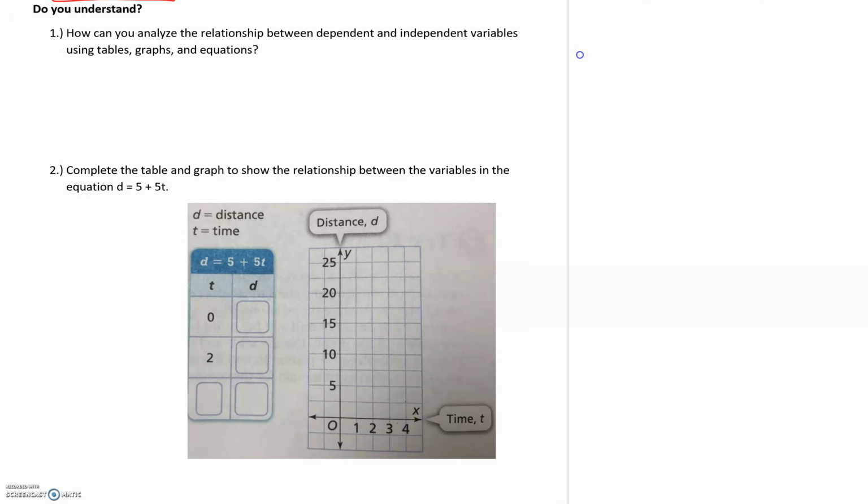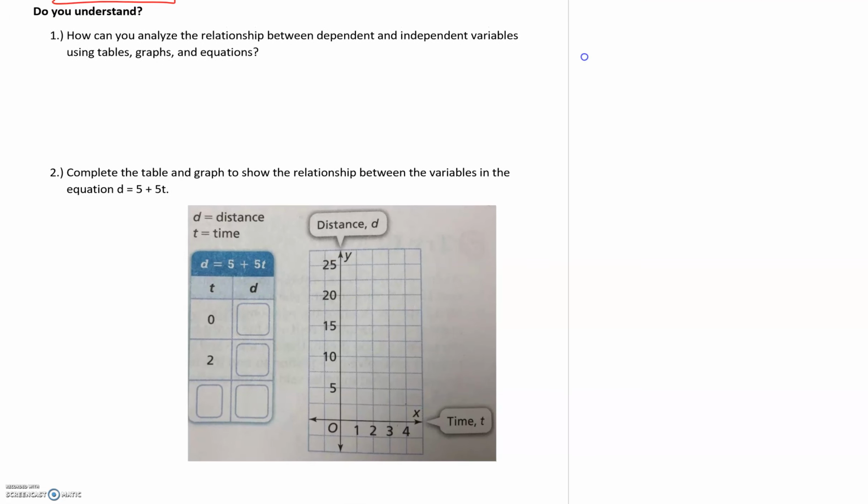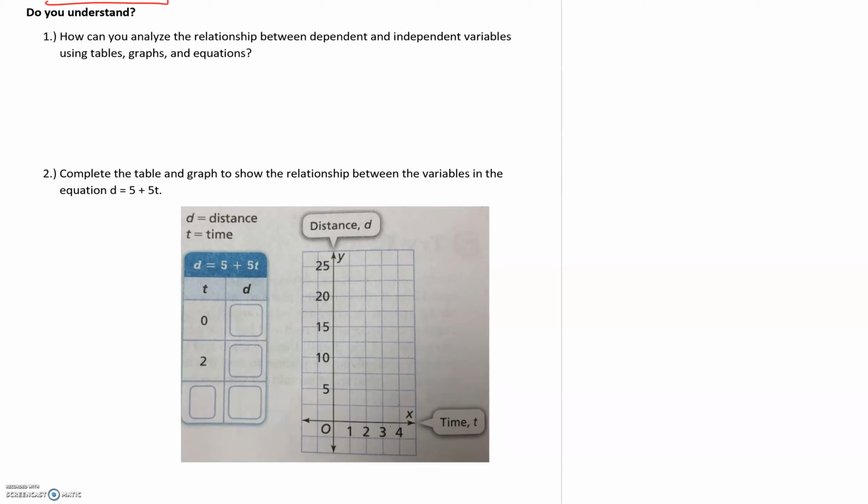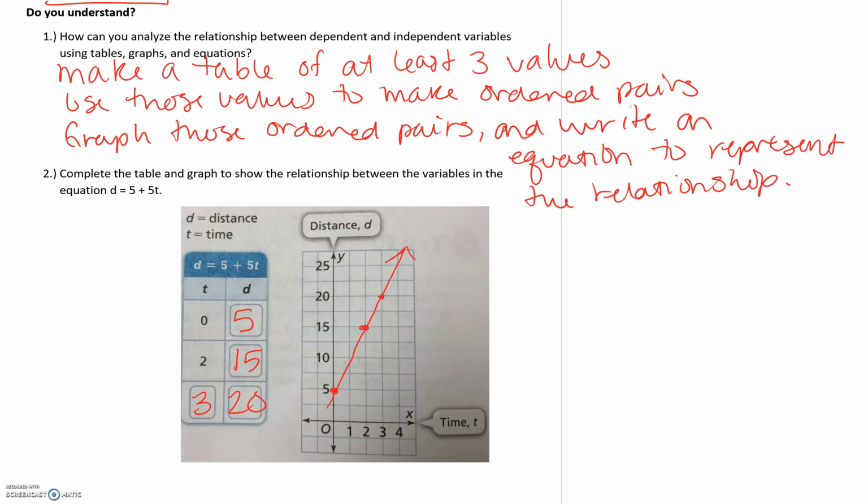All right, so last thing, guys, you have to do is your do you understands. Again, pause the video and try to answer these questions, and then you can play the video to compare your work. All right, so do you understand? How can you analyze the relationship between dependent and independent variables using tables, graphs, and equations? So first, we would want to make a table here with at least 3 values.